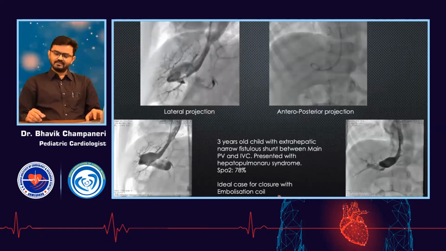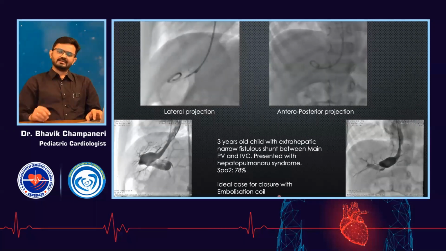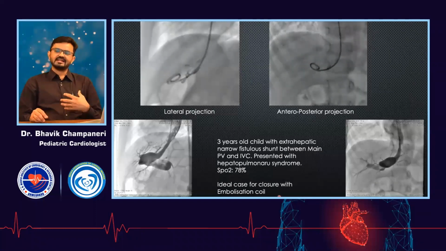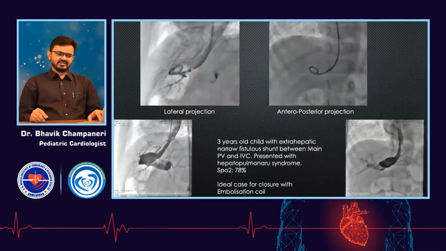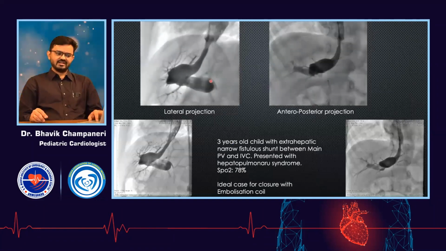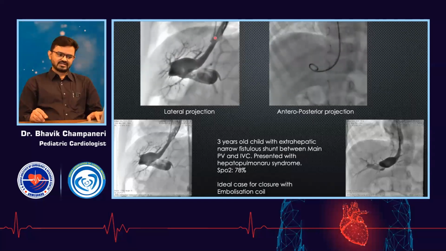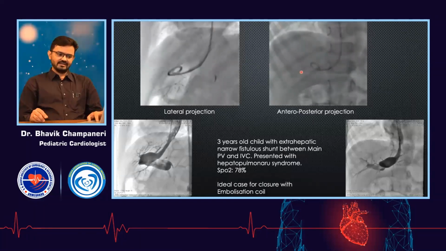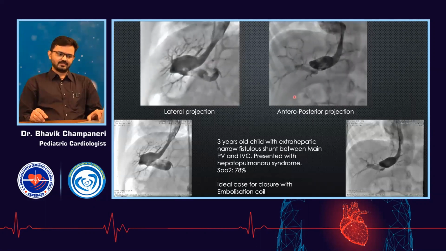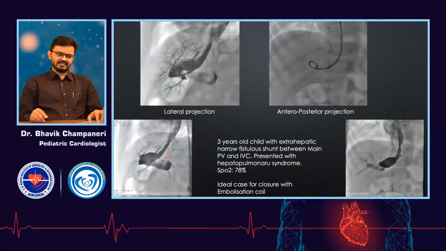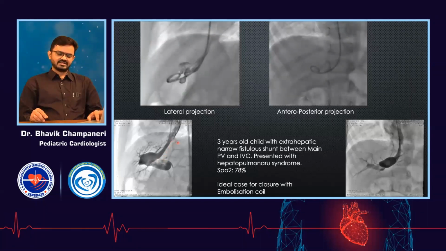I'll go through a few examples, and I will explain how we decide which device has to be used. This is an example of a portosystemic shunt in a 3-year-old child. As you can see, there is a narrow fistulous connection between the portal vein and IVC. This is a lateral projection, this is an anteroposterior projection, and in this image you can see this fistulous connection is narrow.